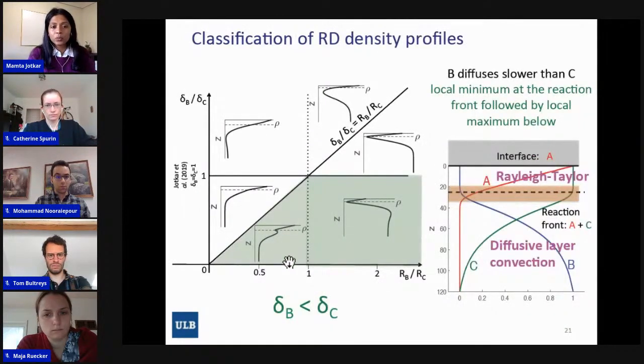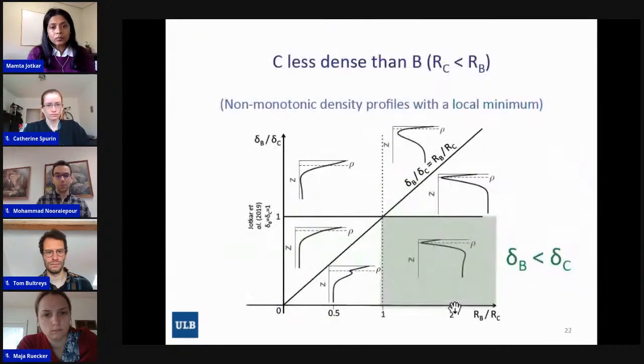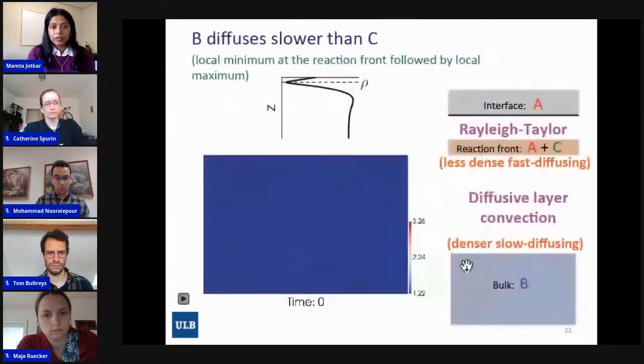Now, in these regions where B diffuses slower than C, the density profiles contain a local minimum at the reaction front, followed by a local maximum below it. And this promotes a diffusive layer convection below the reaction front that couples with the Rayleigh-Taylor instability. In this representative case, the density profile looks like this.